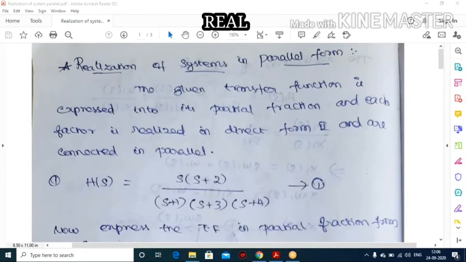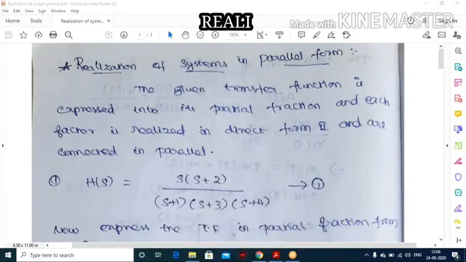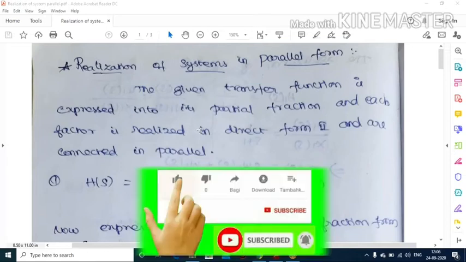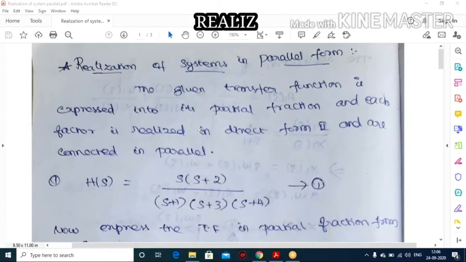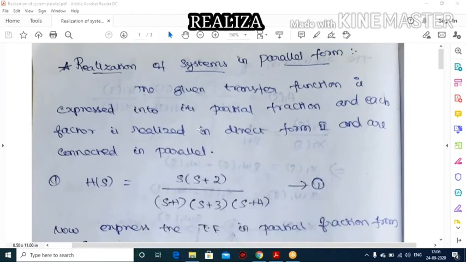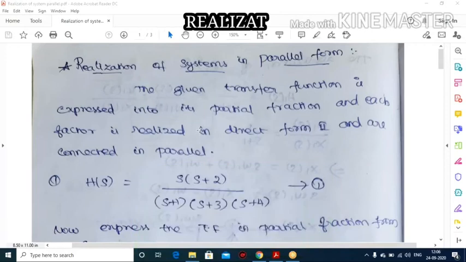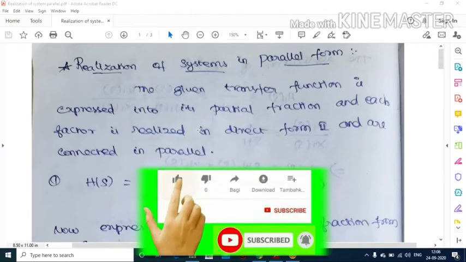The given transfer function is expressed into its partial fractions, and each factor is realized in direct form 2, and then finally connected in parallel. This is the procedure to realize your system in parallel form.